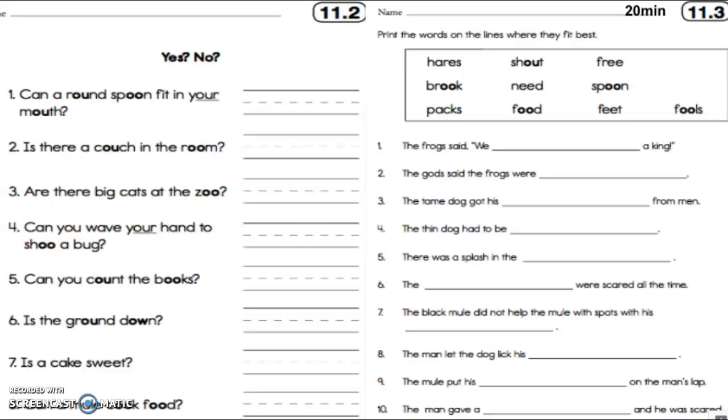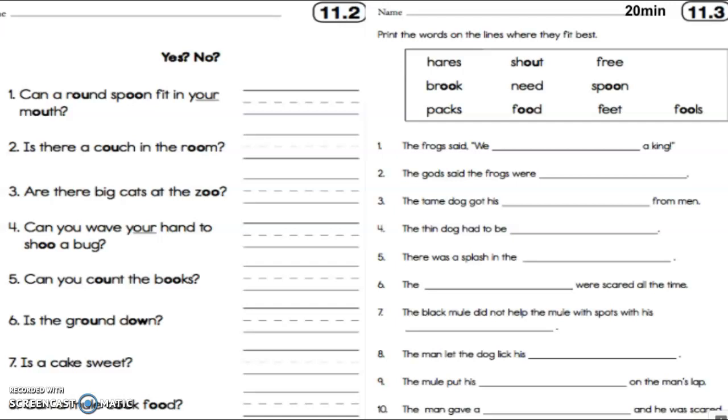So now we are going to read and answer yes or no for 11.2. Number 1. Can a round spoon fit in your mouth? Number 2. Is there a couch in the room? Number 3. Are there big cats at the zoo? Number 4.